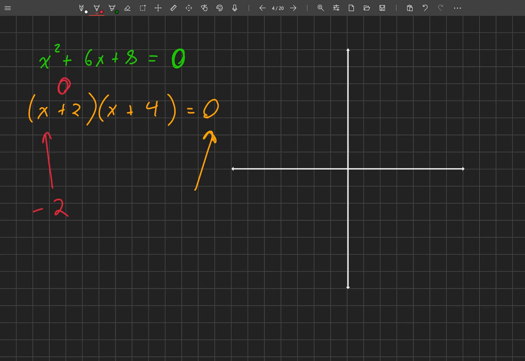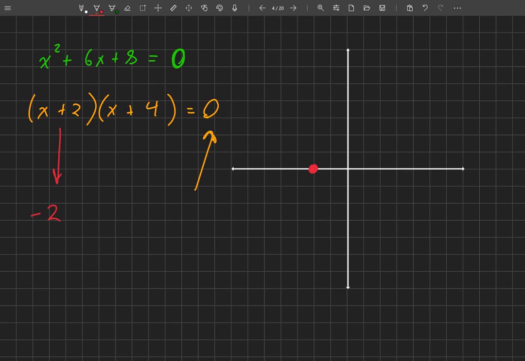So this piece is 0. Negative 2 plus 4 is 2, but that doesn't really matter because 0 times 2 is 0, and that equals 0. So it works. If I plug in a negative 2, I get a height of 0, which means negative 2 is my x-intercept.